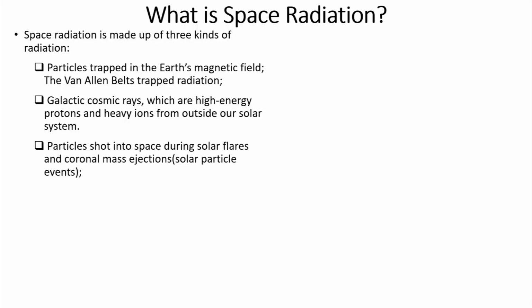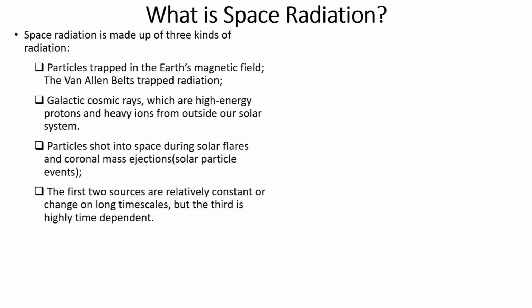So, they also constitute this corpuscular radiation, or form the space radiation. Now, the first two sources, the radiation belt and the galactic cosmic rays, are relatively constant, changing only over long time scales.